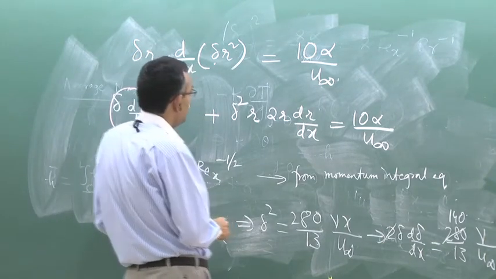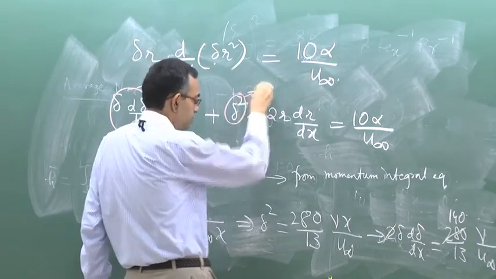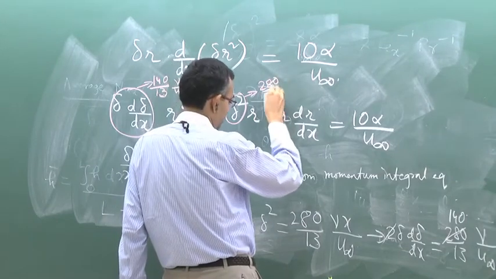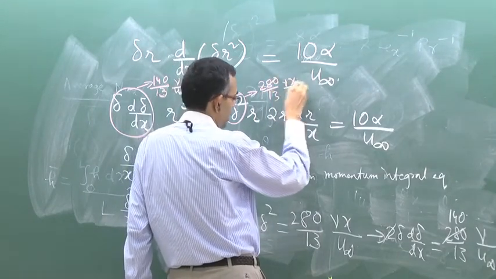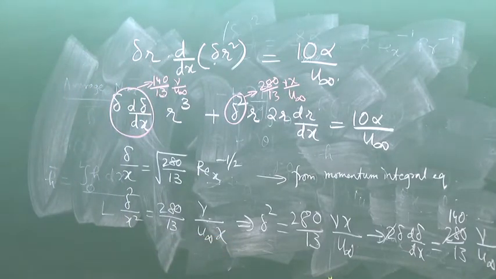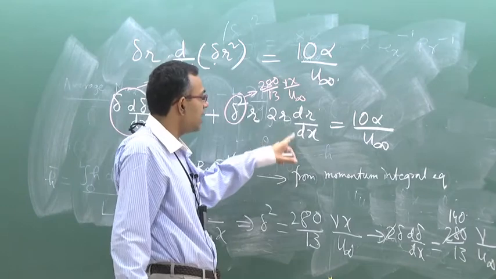Then this term delta square, in place of delta square we will write 280 by 13 nu x by u infinity. So here there is one r cube, here you have r square dr dx.